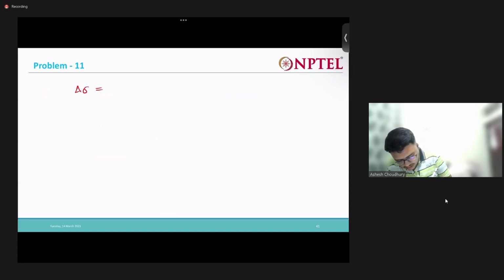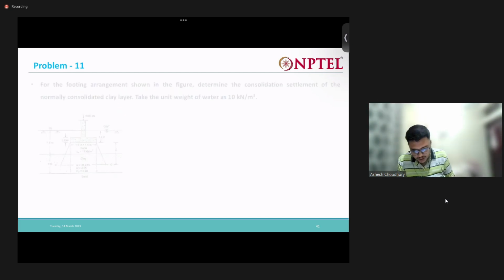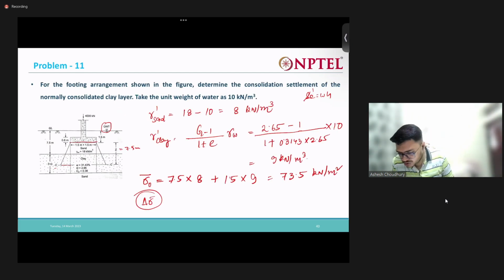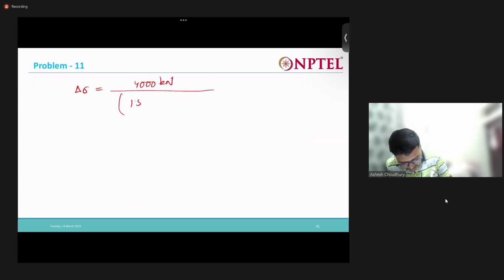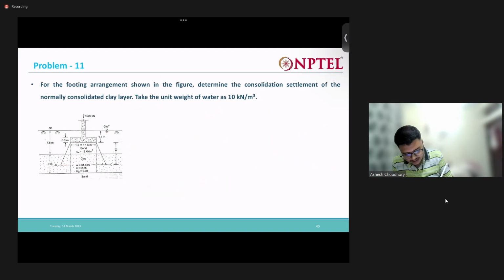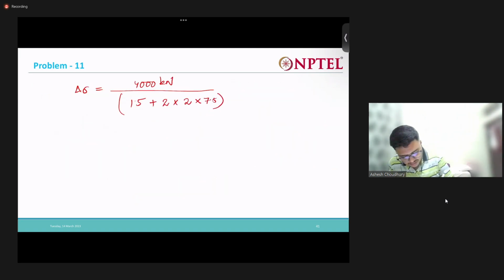What will be my stress? 4000 kilonewton divided by 1.5 into 1.5, where 1.5 will get changed to 1.5 plus 2 into Z, and Z is 7.5.